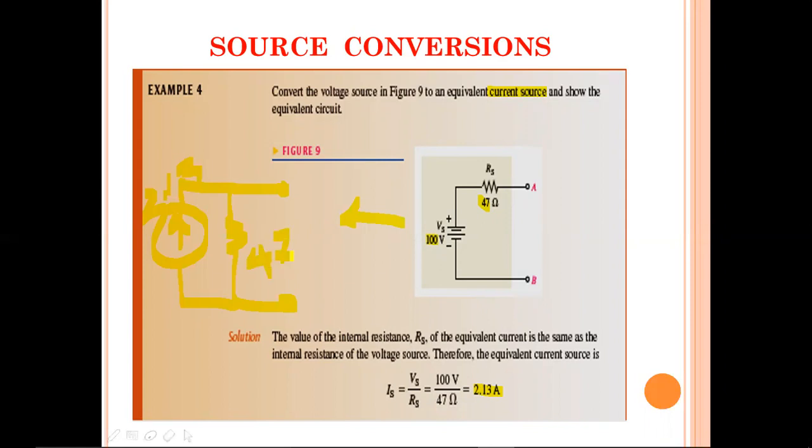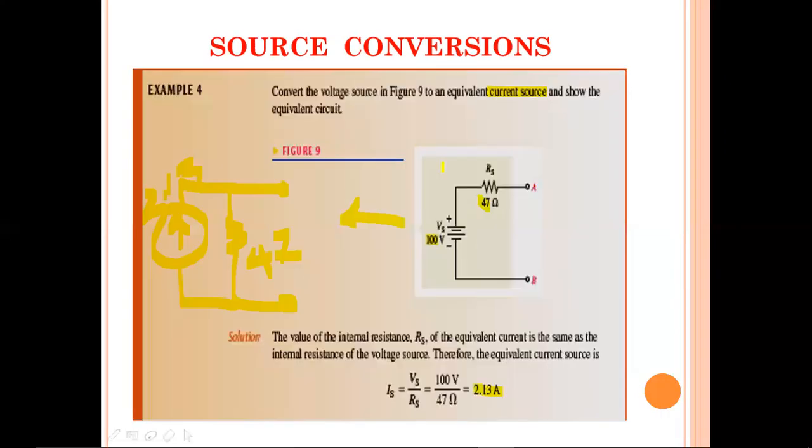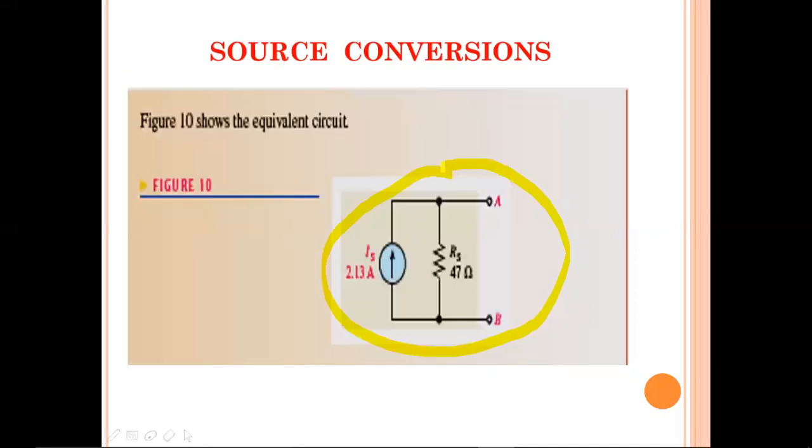This is the way of converting to current source, as indicated in this figure. So this is 2.13, and the resistance is RS, across the A and B terminals.